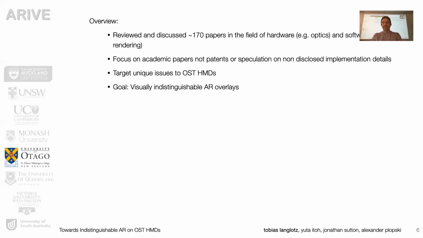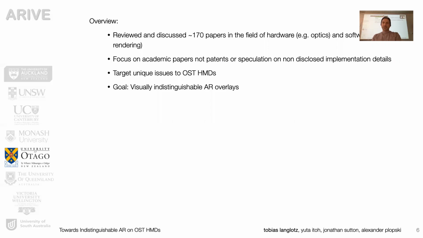Over the last four years, we reviewed and discussed 170 papers in the field that cover hardware as well as software to achieve that goal of visually indistinguishable overlays in these head-mounted displays. We focused on academic papers, so we didn't look so much at patents or non-disclosed implementation details, because it's always a bit unclear what has been done or not.